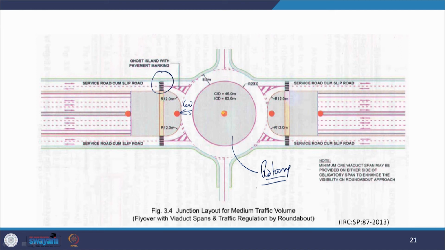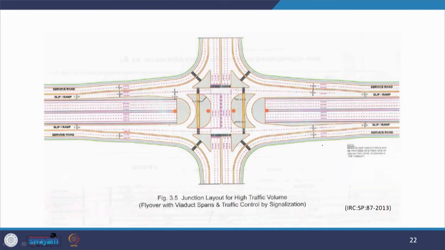For the pedestrians, the straight path has been provided here, and this is again an island being provided, and there is an abutment at this point and abutment at this point for the elevated structure which is being provided at this location for the crossing traffic. Here further type of channelizations has been utilized so as to allow the different maneuvers.